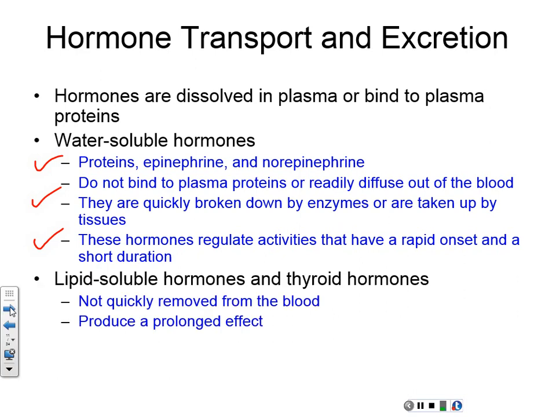But steroid hormones are the ones that last in the blood for a long time, and they are gotten rid of via urine in the kidneys or via the digestive system, through the liver. So they're not quickly removed from blood, and because of that they produce a prolonged effect.